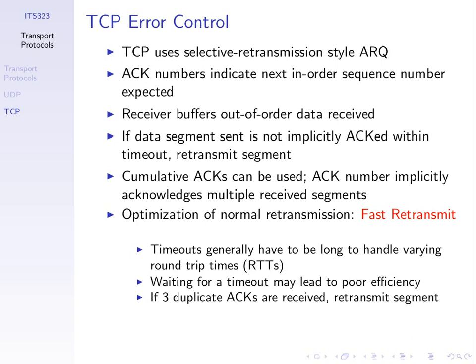Selective retransmission is a case where we may send multiple segments of data. We get some indication back that there's been an error. Maybe one didn't arrive at the destination. So we retransmit that one selected segment as opposed to retransmitting multiple segments.